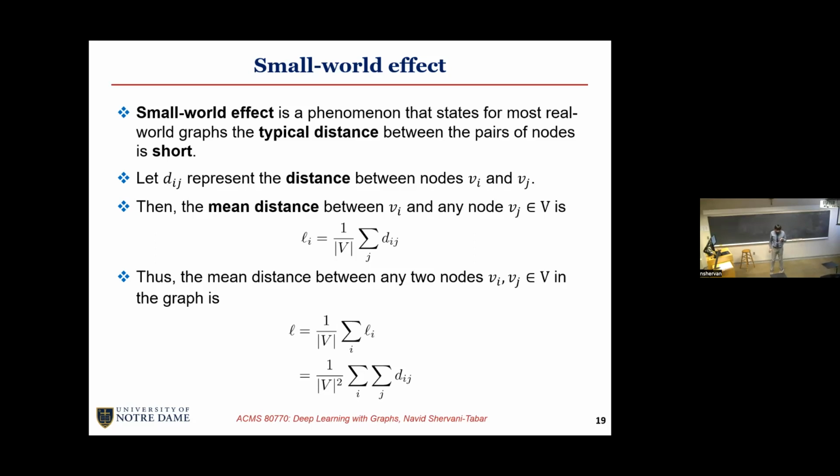Now this assumes that there is a distance between Vi and Vj, meaning that the graph is connected, and we can get from Vi to Vj. But the problem is that sometimes our graph is not connected. So we won't be able to traverse from Vi to Vj, and our distance is going to be infinity, and we can't use this to get anything useful.